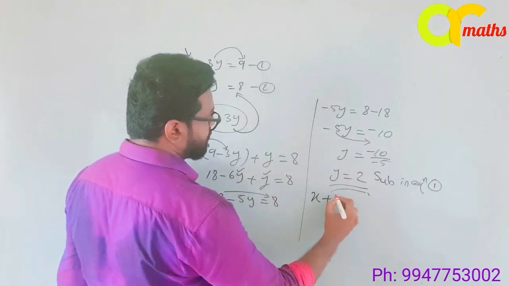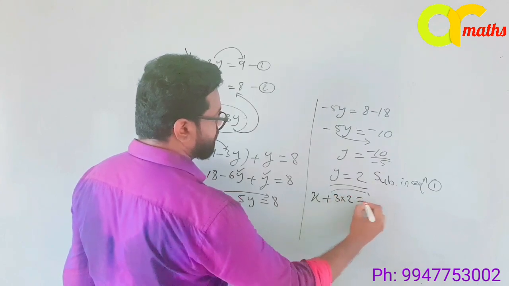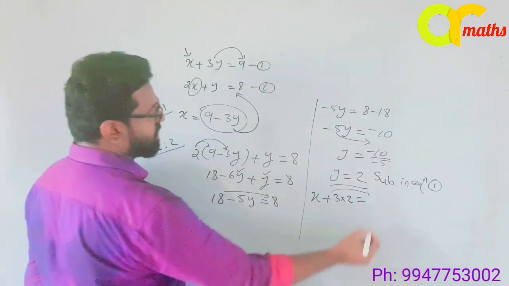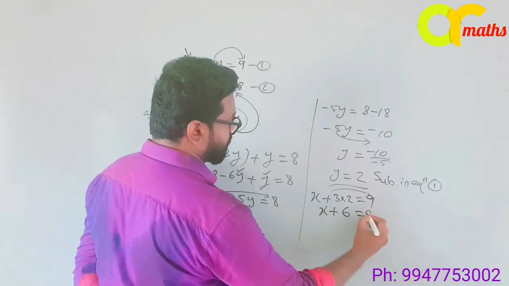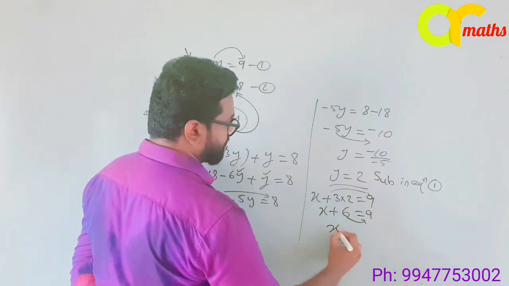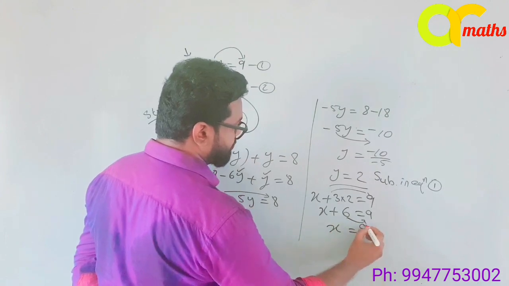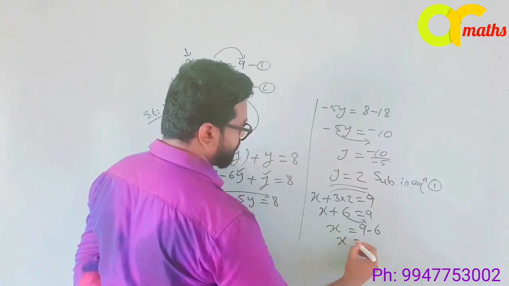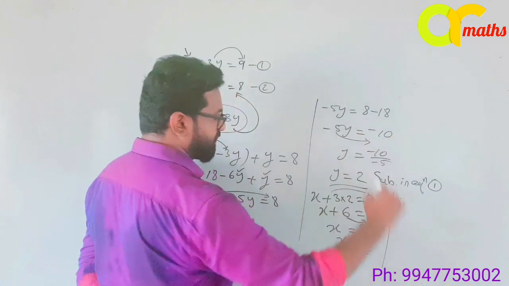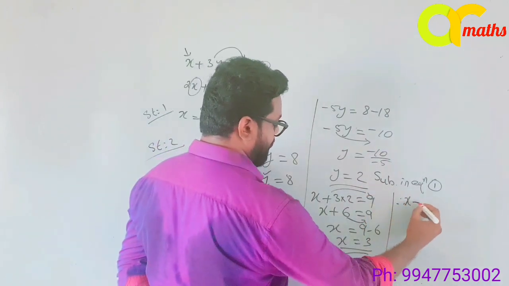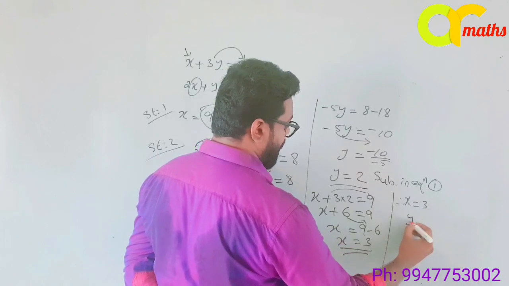So x plus 3 into y, the value of y is 2, equal to 9. x plus 6 equal to 9, then x equal to 9 minus 6, x equal to 3. Therefore, the value of x equal to 3 and y equal to 2.